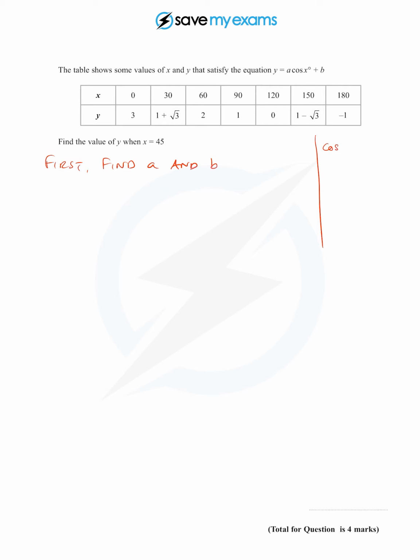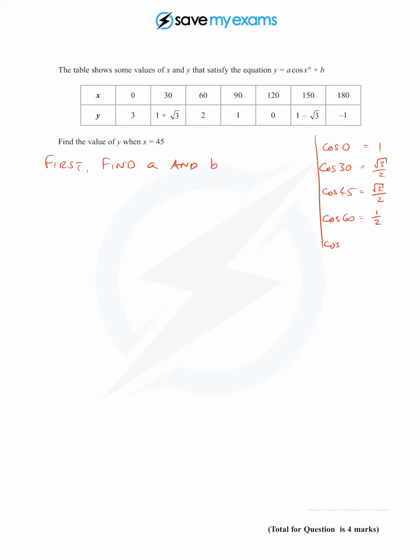We're supposed to know that cos of 0 is equal to 1. Think about the graph. I hope you know the graph. Cos of 30 is root 3 over 2. Cos of 45 is root 2 over 2. And cos of 60 is in fact root 1 over 2, but we just call it a half.